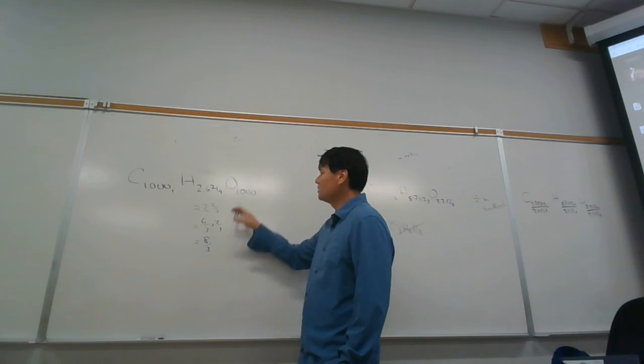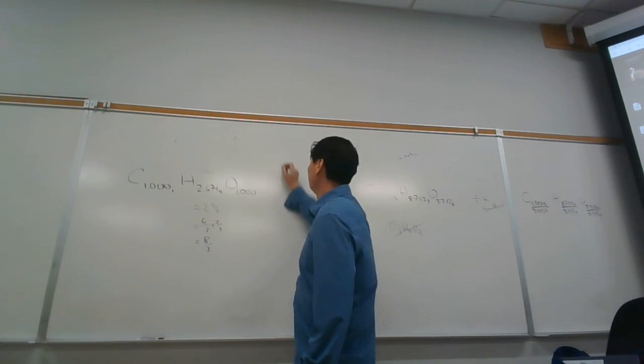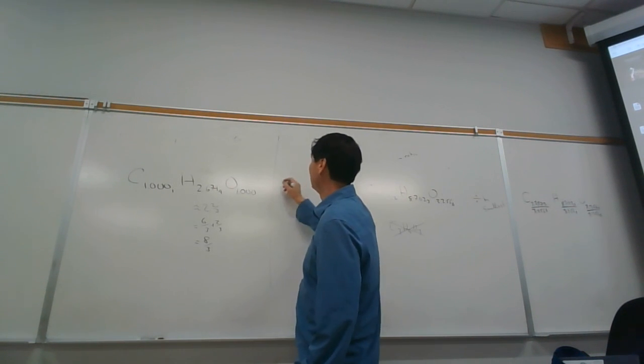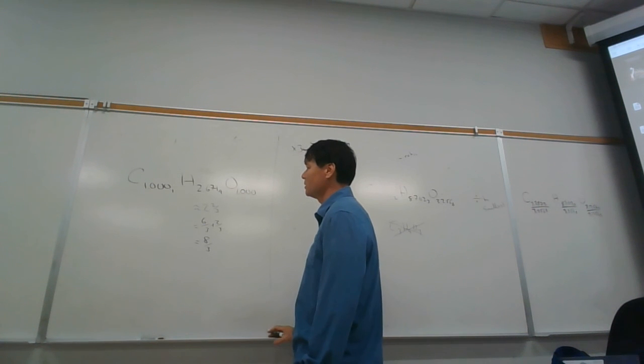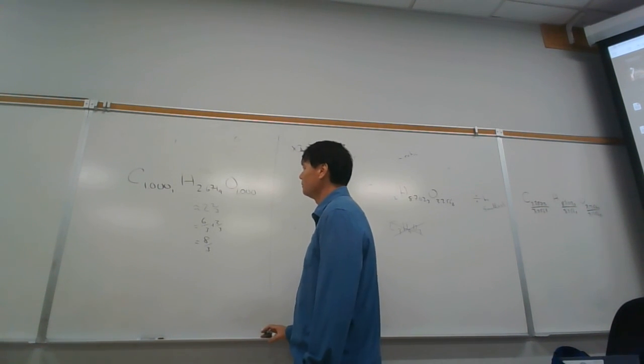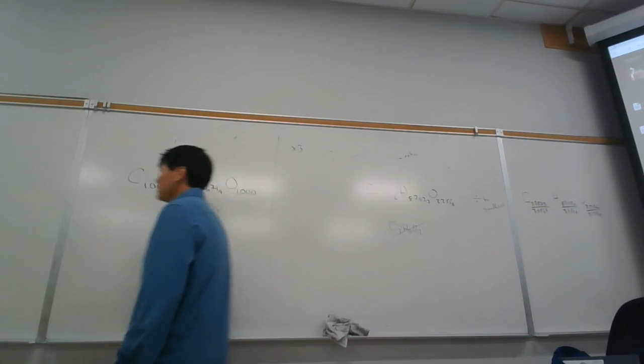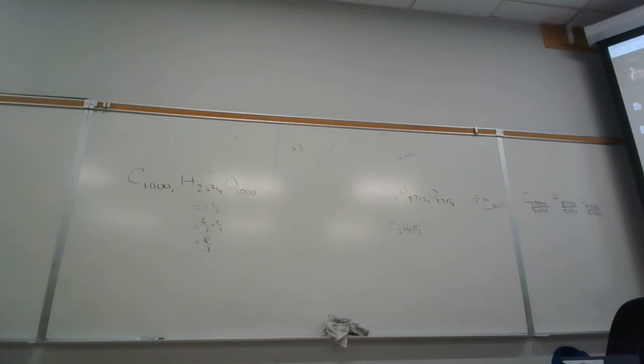So if I multiply this by 3, that might simplify it. Sometimes I'll double it. If I get 1.5, then I'm going to multiply by 2, because 1.5 will turn into 3.